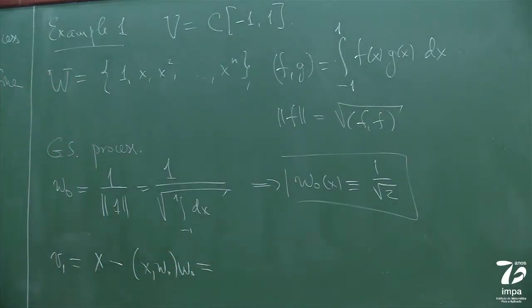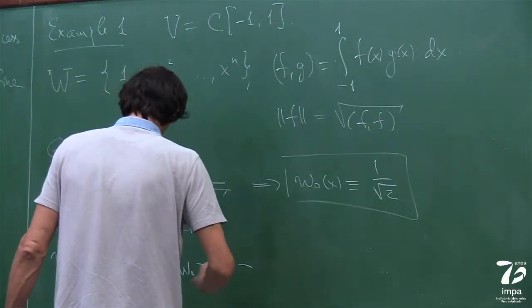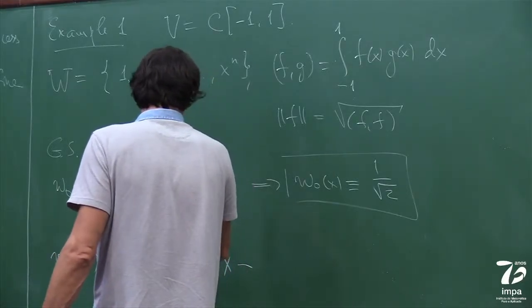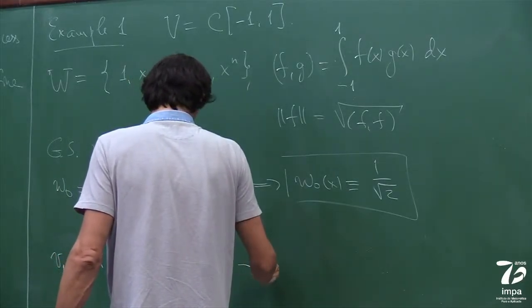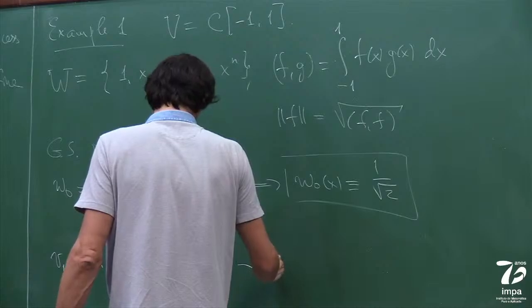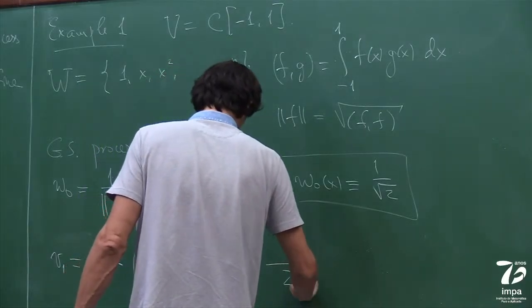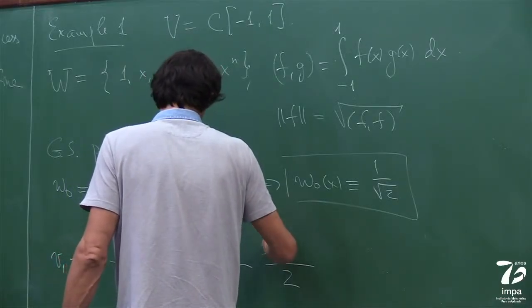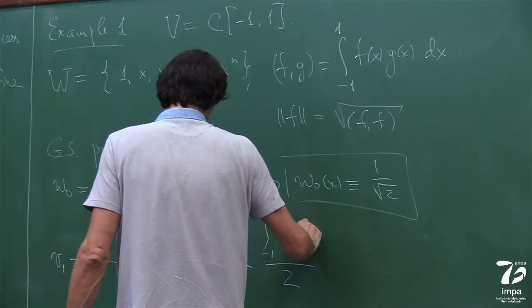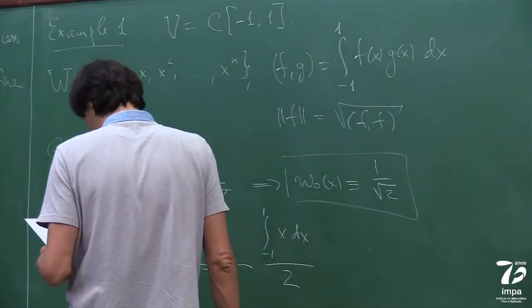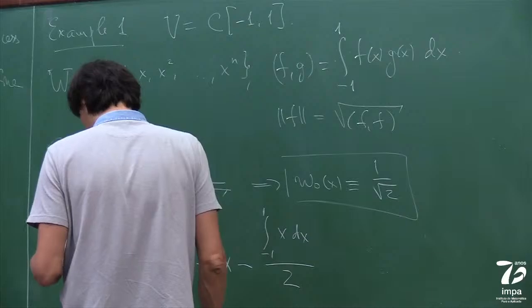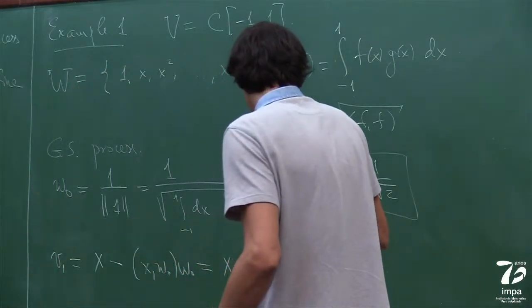W0 has a square root of 2, which will give 1/2, and this will give the integral from -1 to 1 of x dx.